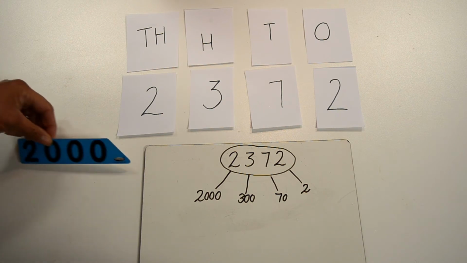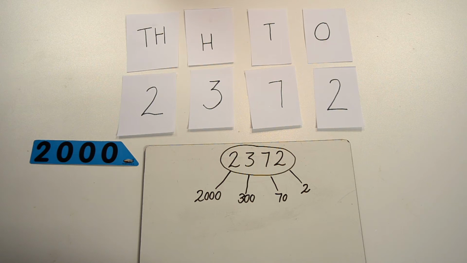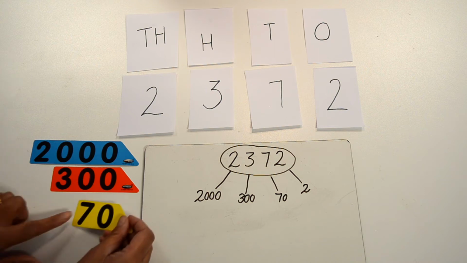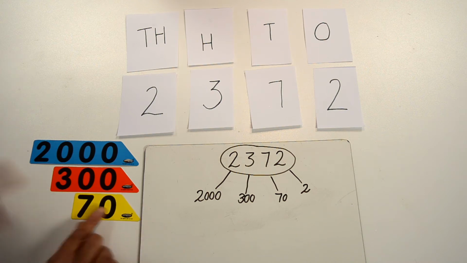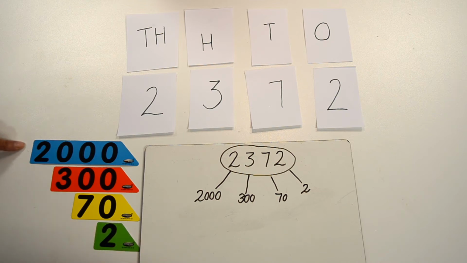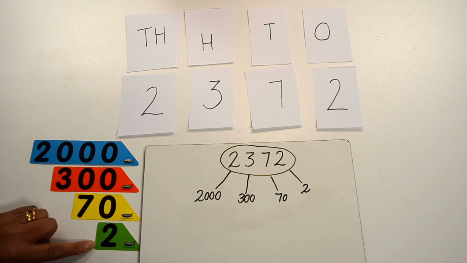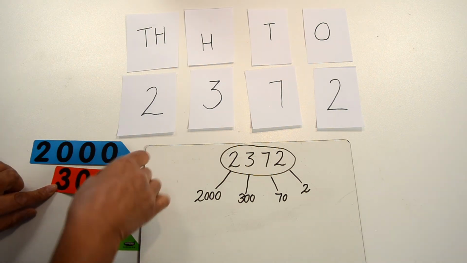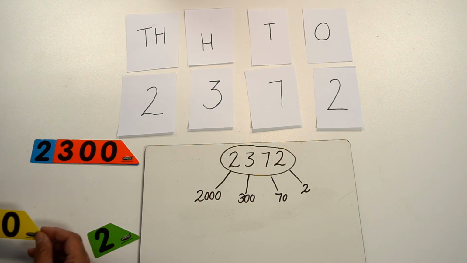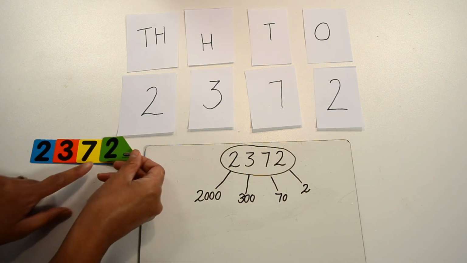Right, so here I have my 2,000, I have my 300s, I have my 7 tens, 70, and I have my 2 ones. 2,000 plus 300 plus 70 plus 2 makes 2,372.